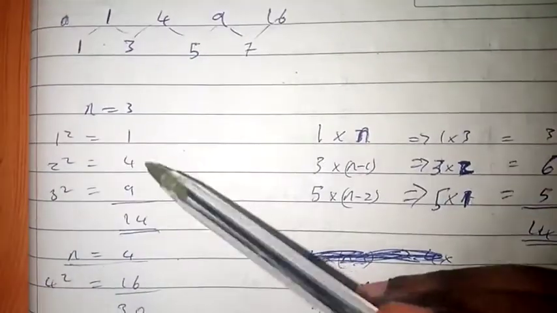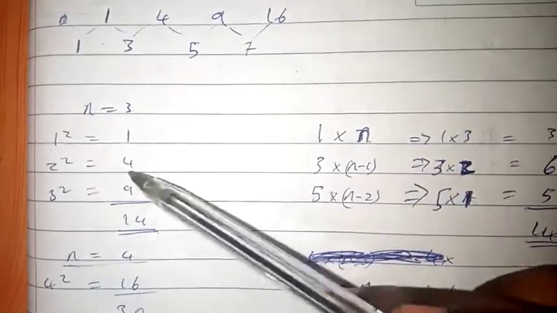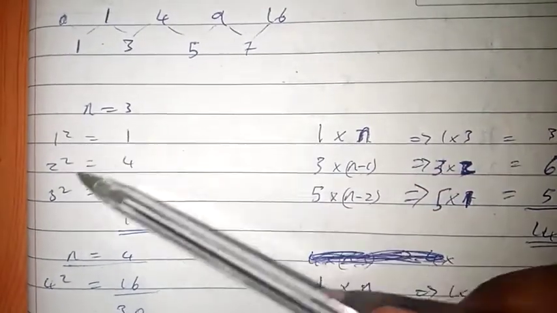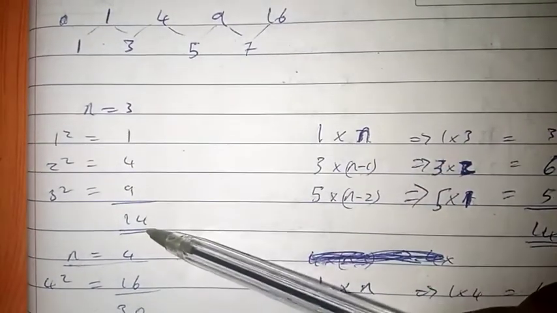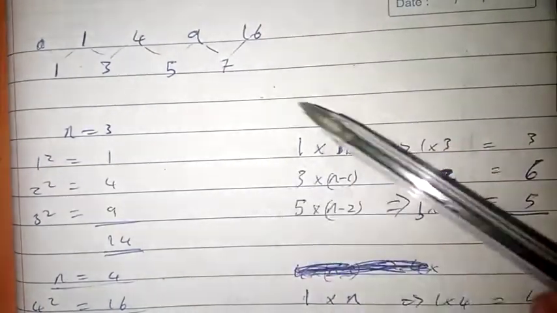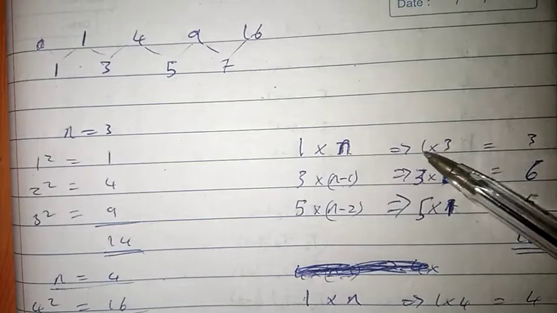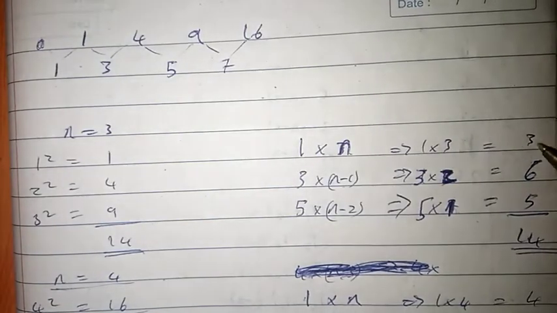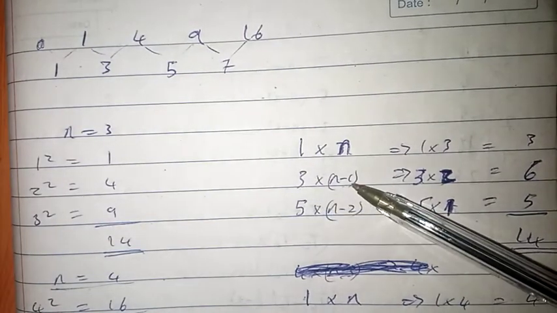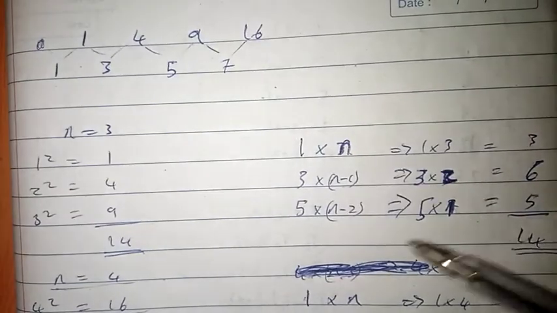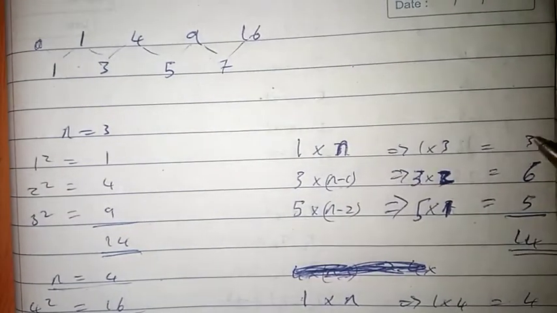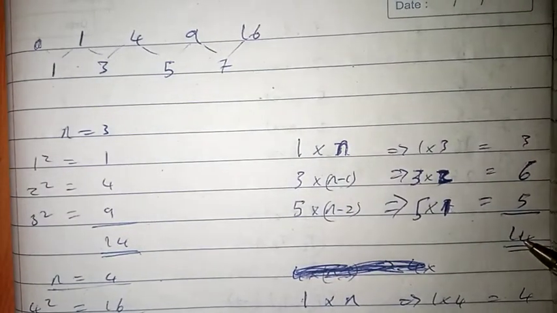For example, let's assume that n was 3, so the sum of squares will be 1, 4 and 9, summing up to 14. If we take the differences, which are 1 3 5, 1 times n, in the case of n equals 3, becomes 1 times 3, then 3 times n minus 1, 3 times 2, becomes 6, 5 times 1, and like that, you'll see that it also sums up to 14.